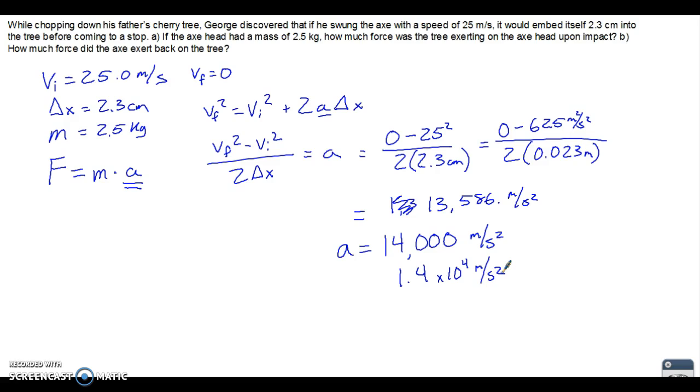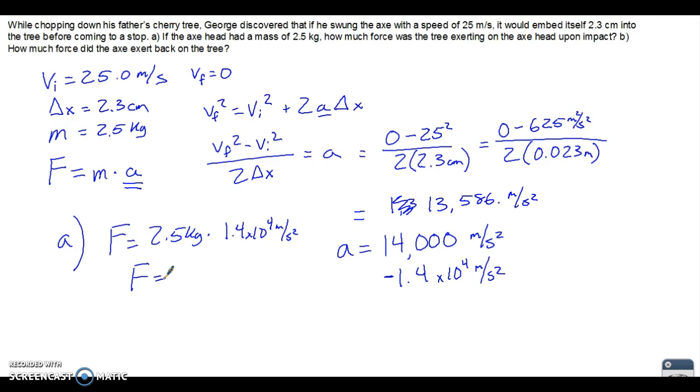Now, to find how much force the tree was exerting, force is equal to 2.5 kilograms times 1.4 times 10 to the 4th meters per second squared. And this is a deceleration, remember.